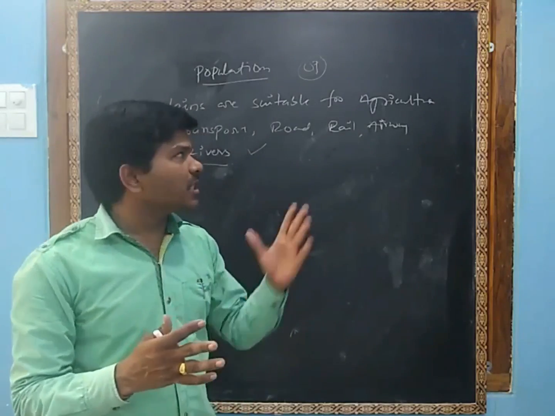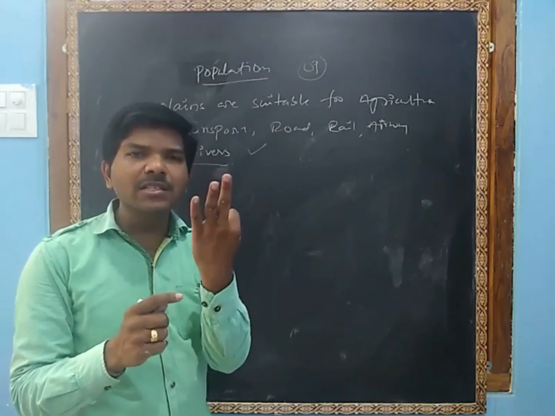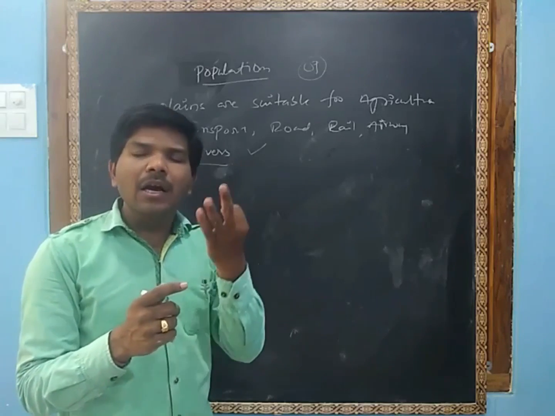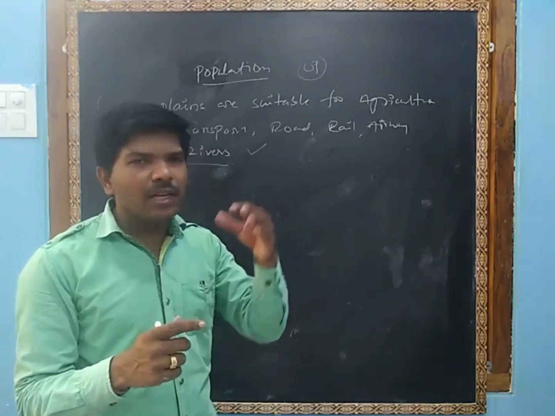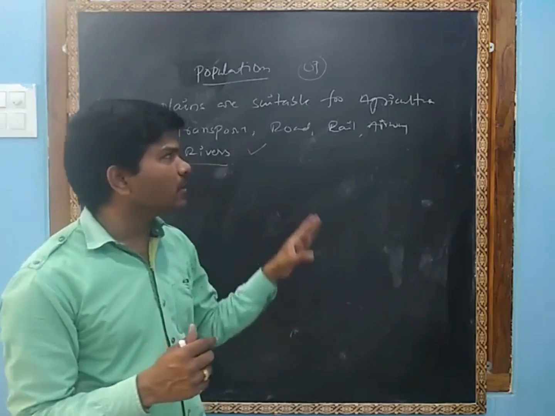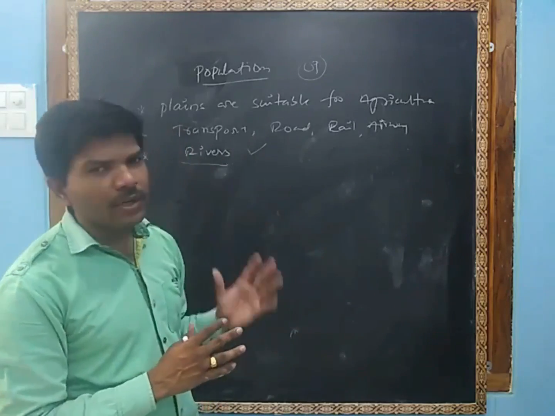You see Uttar Pradesh, West Bengal, Bihar. These are the highest populated states. Uttar Pradesh, West Bengal, after that Bihar, and then a little bit, parts of Maharashtra and Madhya Pradesh. So these are highly populated because of the suitable living conditions. Okay, am I clear?